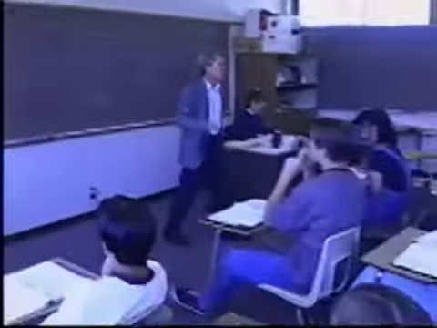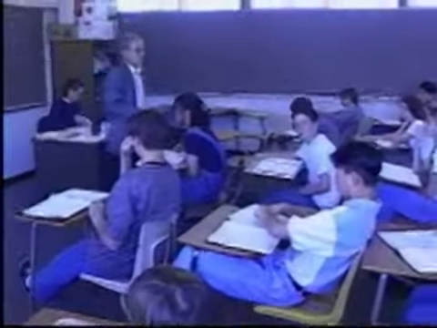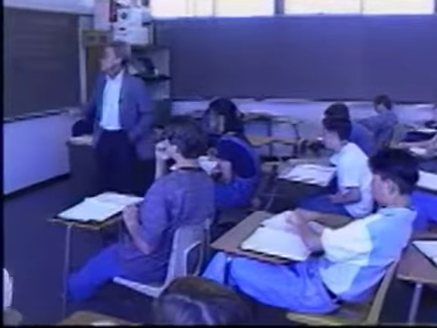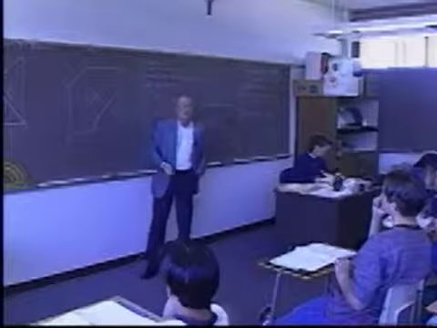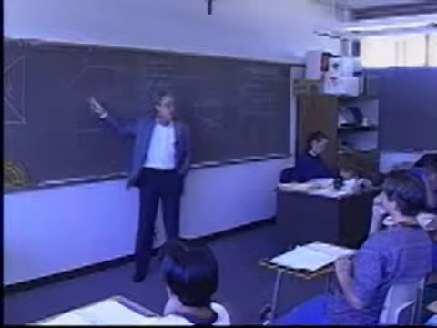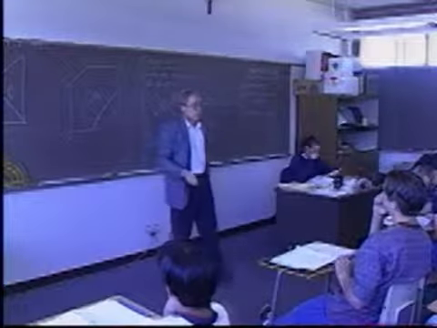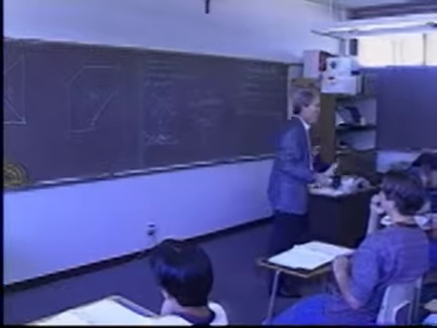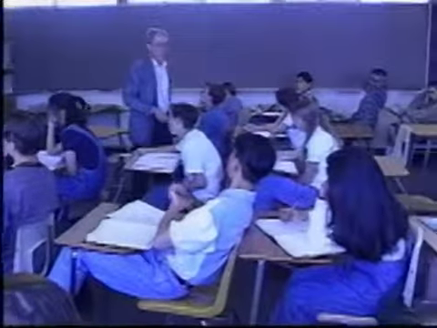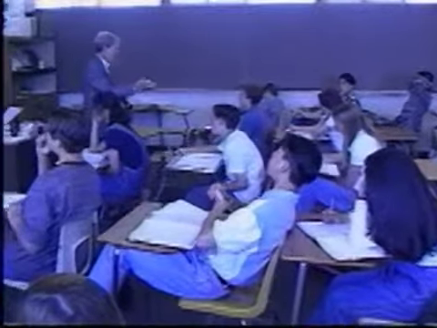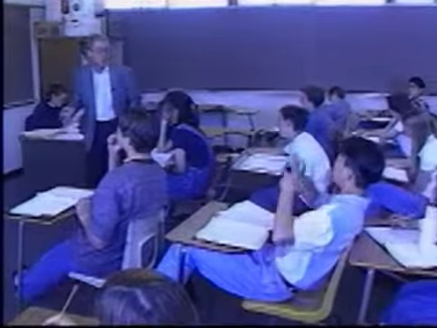How many sides in this figure? 1, 2, 3, 4, 5, 6, right? Number of sides, subtract 2, gives me what? 4. What is 4 times 180 degrees? 700. It should be 720, right?